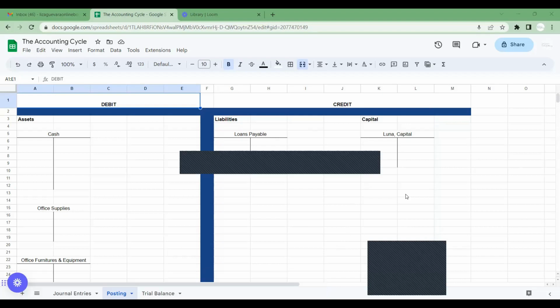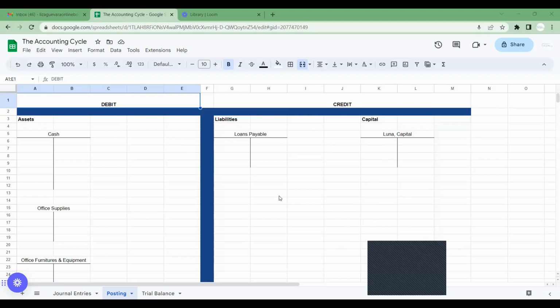Okay, so now we are going to go to the third phase of the accounting cycle, which is posting. But before that, let me show you what these are. This one, the blue one, is the T account. It is a tool for us to mimic the general ledger of the company.